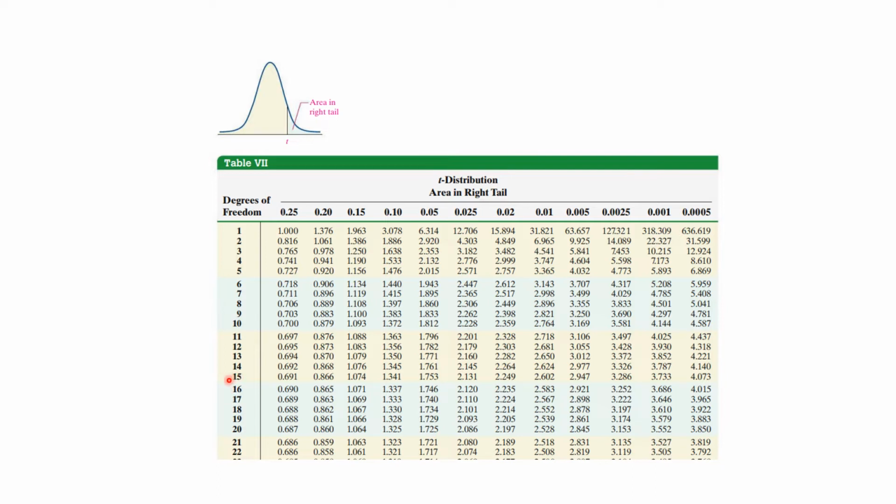The degrees of freedom would be 15. And the area in the right tail, this area, is what's shown across here. Inside here are the critical values that we will be using in finding the confidence intervals. We'll say more about this later.